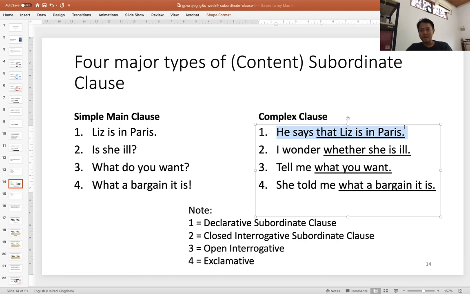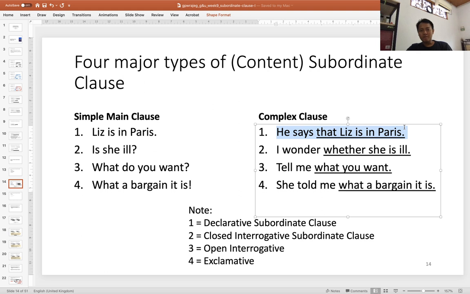Similar to before with the that: I don't think that people had been invited. So that's the declarative, indicating a statement.